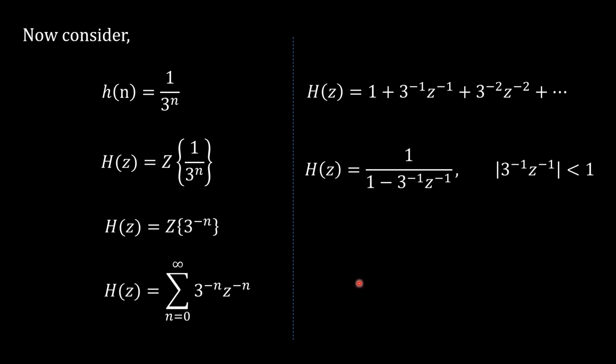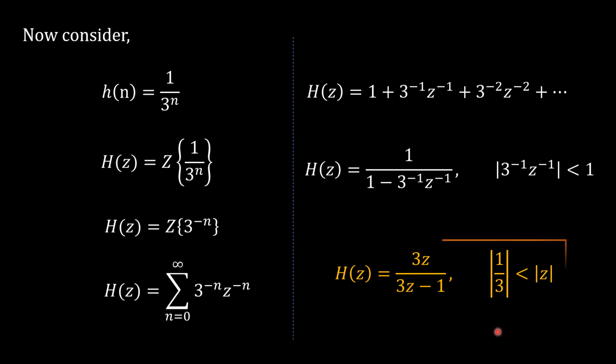Simplify the expression, hence Z transform of the sequence h of n will be h of z is equal to 3z divided by 3z minus 1 for mod z strictly greater than 1 by 3, which is the required Z transform of the sequence h of n.